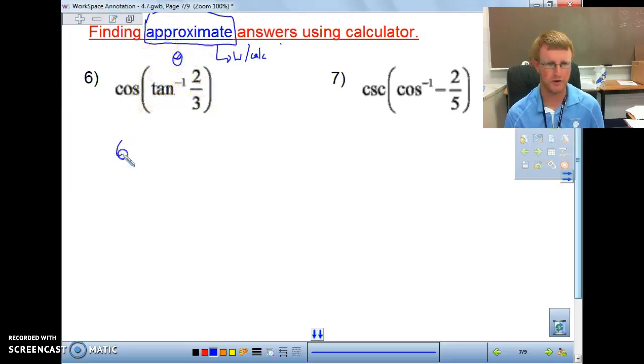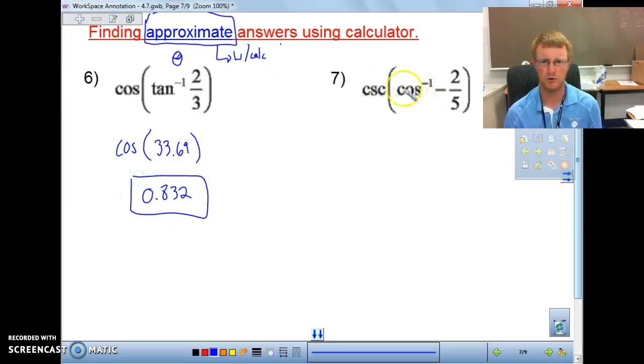You put that in the calculator and you end up with the cosine of 33.69. Then you just take the cosine of 33.69 and you get an answer of 0.832. This should be pretty easy when you use a calculator. On the rest of your page, I know part of it is cut out, but we have the inverse cosine of 2/5.